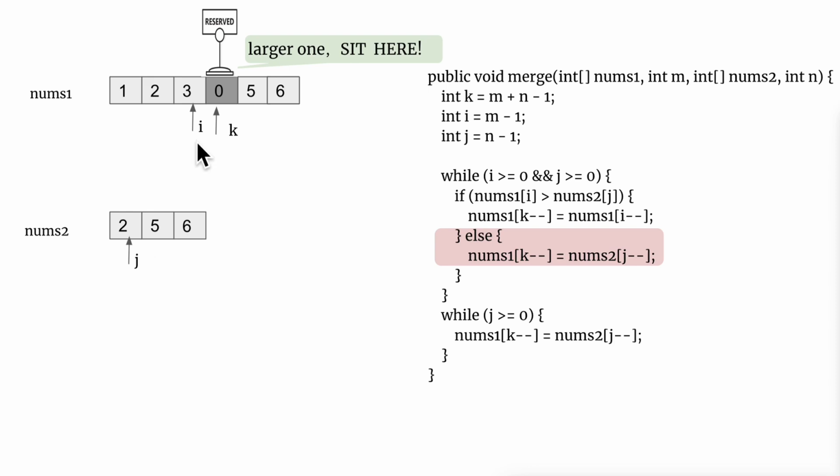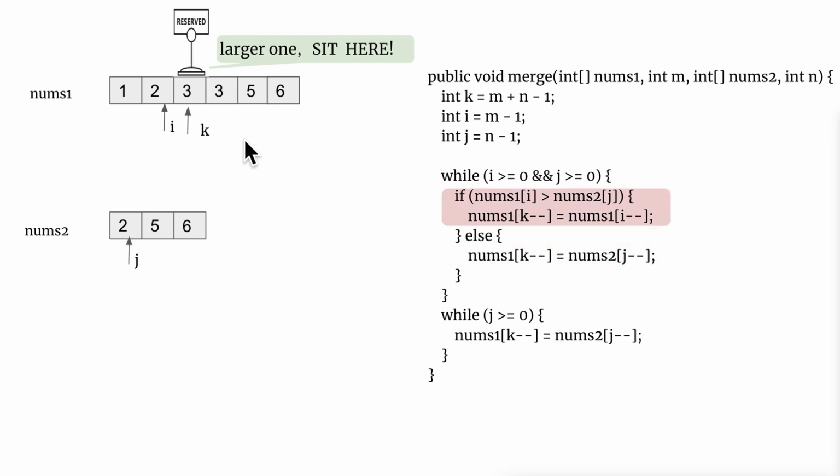We will continue to traverse each item from nums1 and nums2, and found out that number 3 is a larger one. So number 3 is a qualified item to sit this reserved spot. And then k minus minus, i minus minus to move to the next. We continue to traverse each item from nums1 and nums2, and found out that number 2 equals number 2.